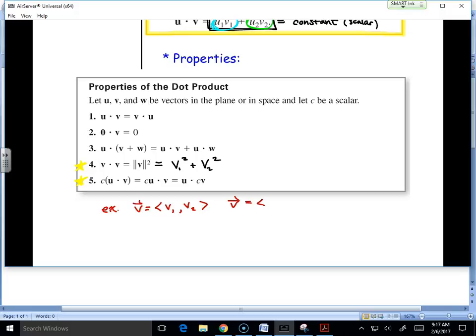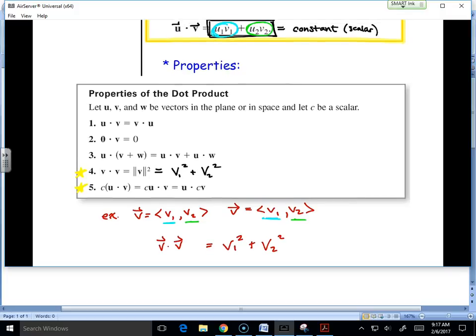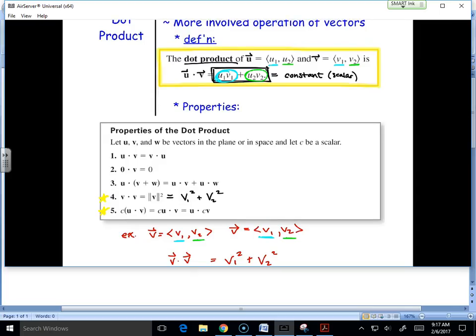So multiply the first times the first, which would be v1 times v1 or v1 squared, plus the dot product says multiply the second ones, so v2 squared. The dot product is a little counterintuitive because you think multiplication, which this does utilize, but it still has to be within the confines of how it's defined above.